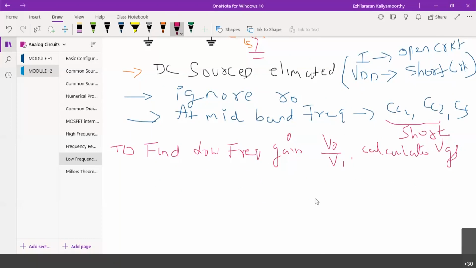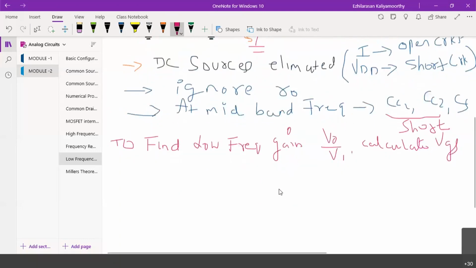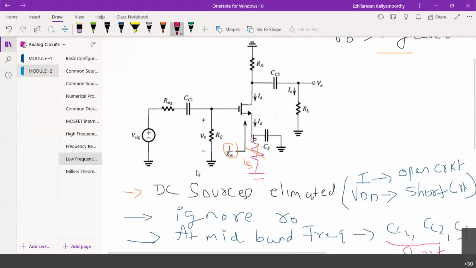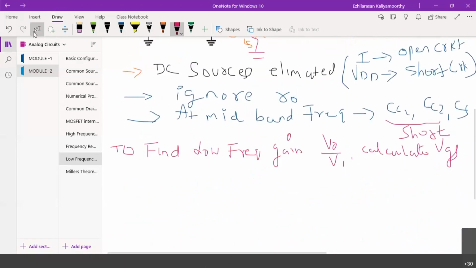From this figure only, you consider here it is VG. This is VGS actually. So V signal, this is VGS. So now we'll take only this portion of the figure to calculate the VGS.